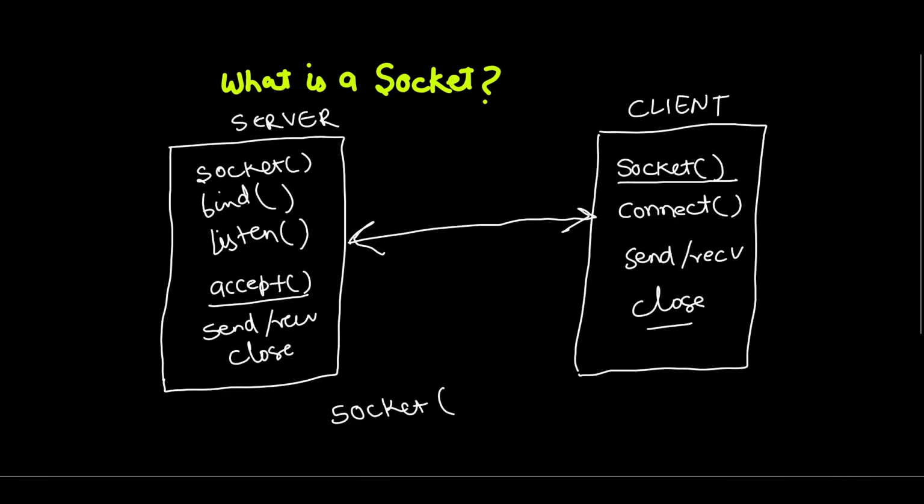The first one is int domain. Next we have the type of the socket, and third we have the protocol. These three options we need to fill to tell the system which socket we will be using.